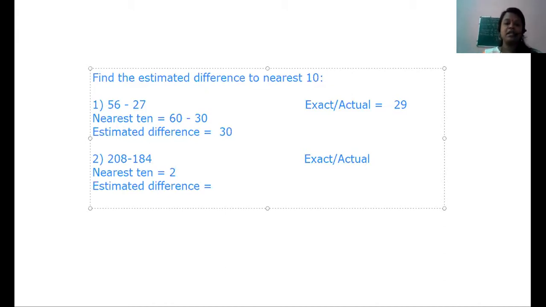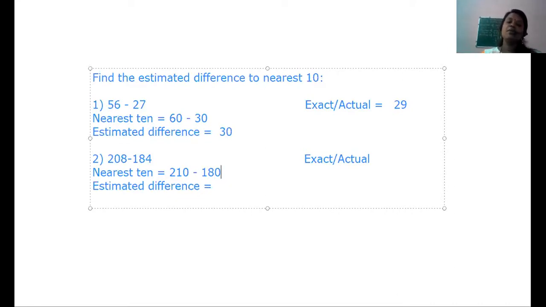208 to the nearest 10 is 210, since 208 lies between 200 and 210, and is close to 210. Minus 184, which lies between 180 and 190, so we need to take 180.